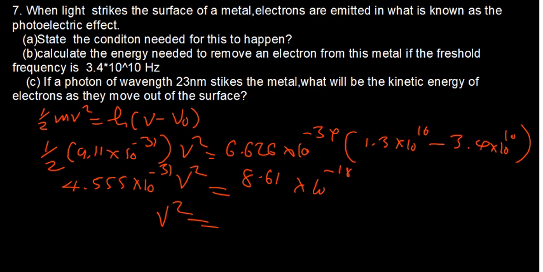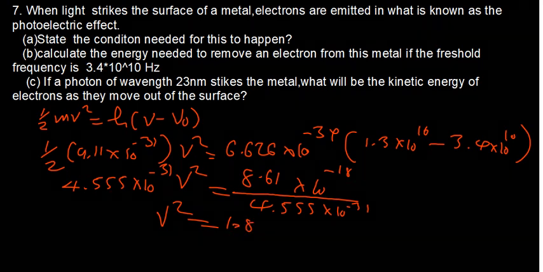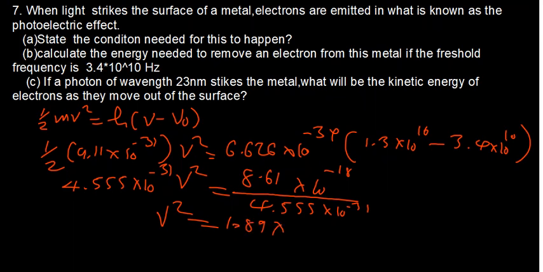So that is, we are dividing this value by our 4.555 by 10 to the power negative 31. So these are same bases. We'll simply subtract the powers. What we are going to do is, we'll just divide 8.61 by 4.5. So 8.61 divided by our 4.555, that should be able to give us 1.89.